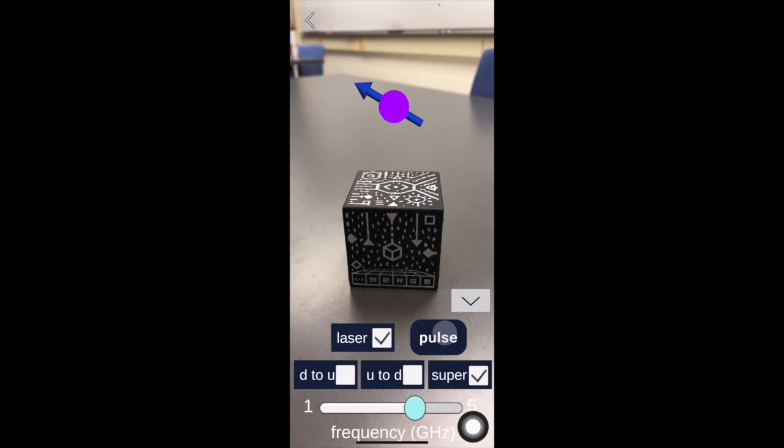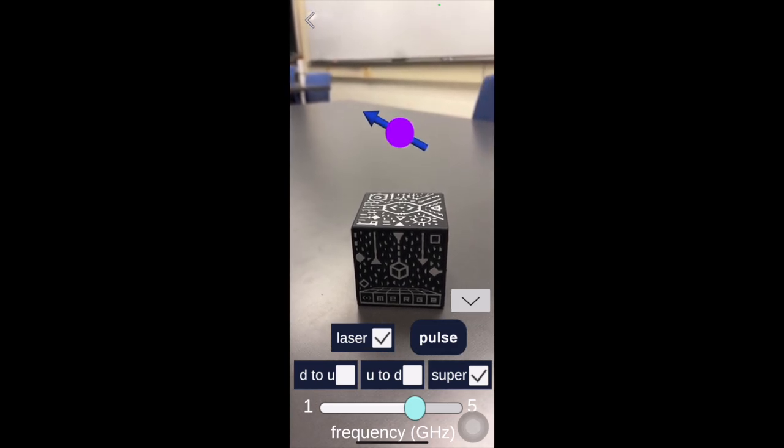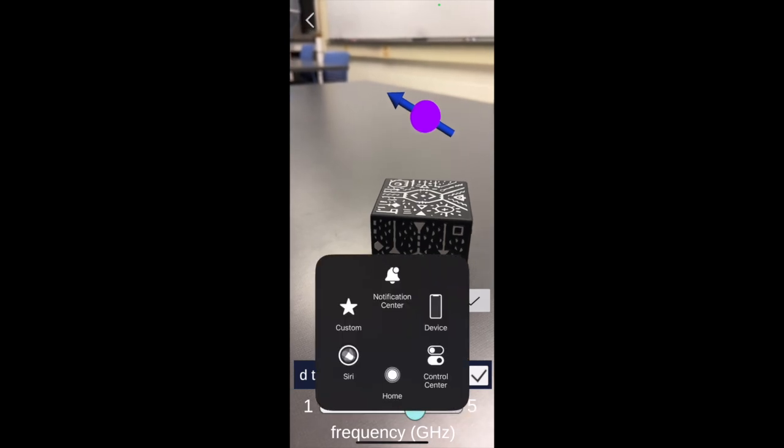So students are able to practice and see that it's not only the frequency but also the duration of the pulse that determines the rotation or the change from up to down and down to up, as well as having that combination of frequency and pulses allows us to put it into different superpositions as well.